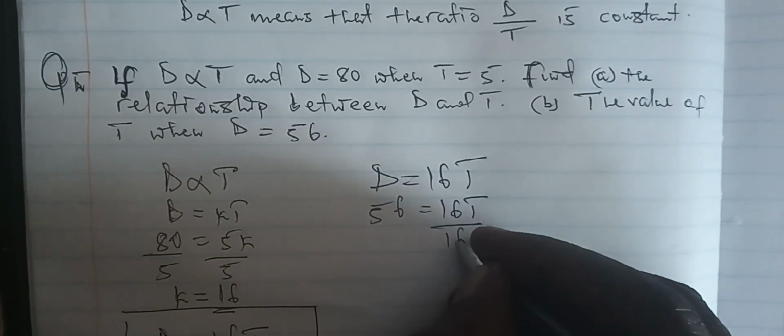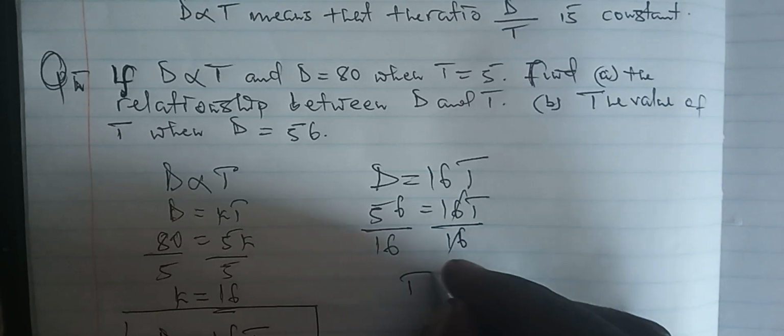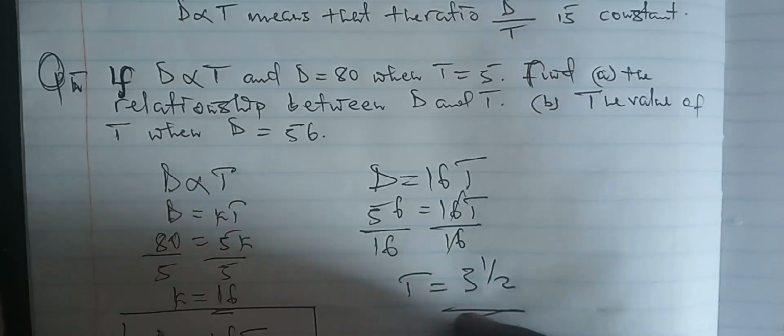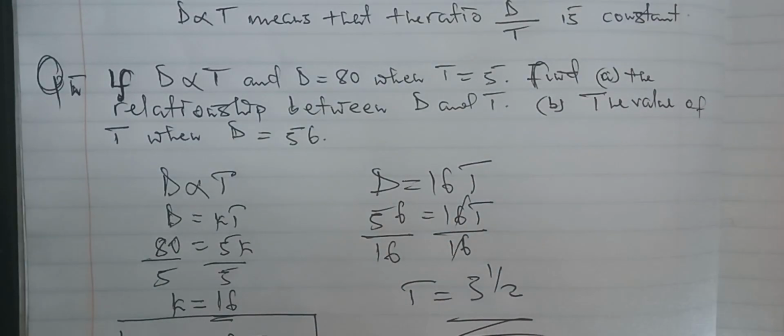Divide both sides by 16, and T is going to be 3.5. So this is the value of T. So this is the concept of direct variation.